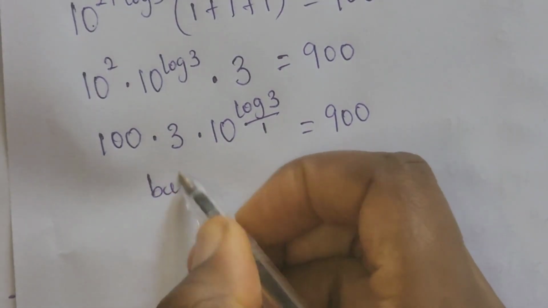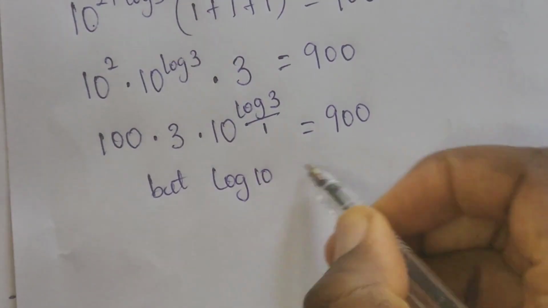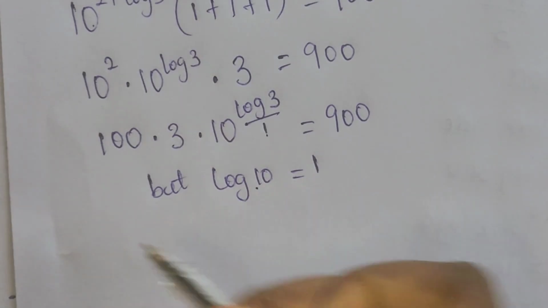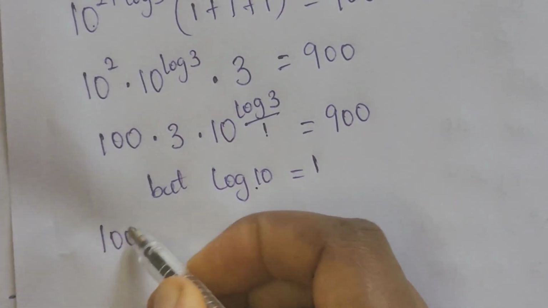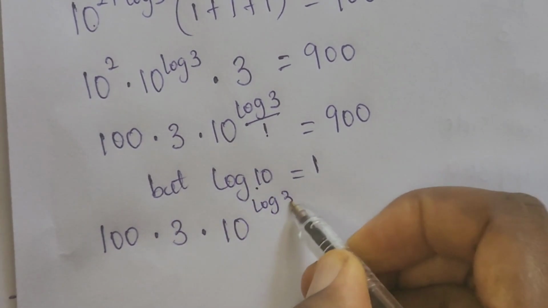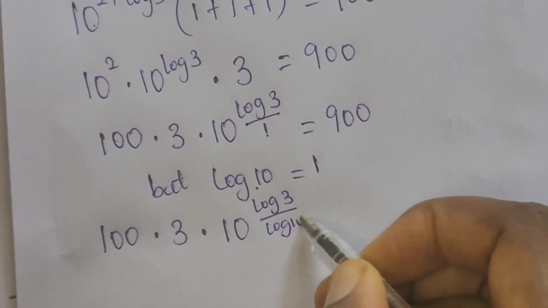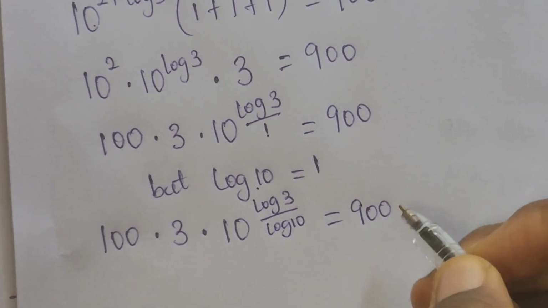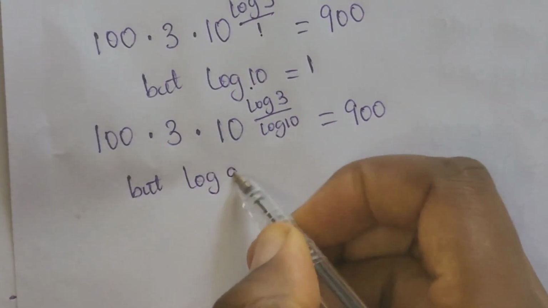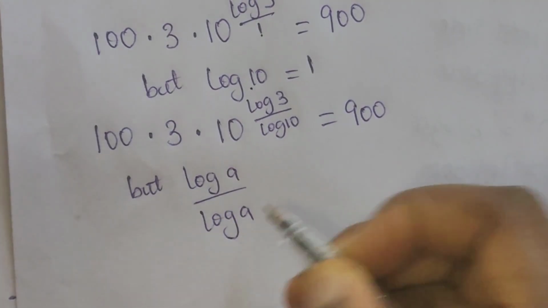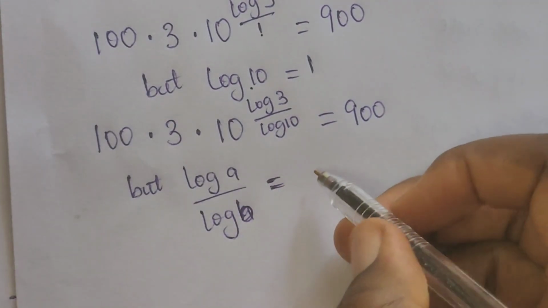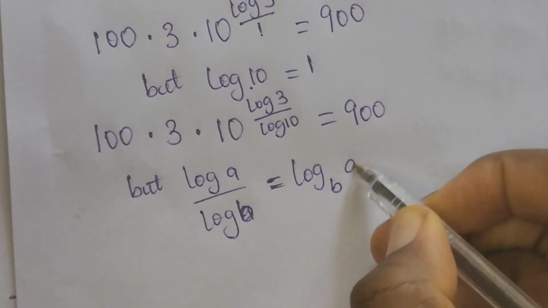But let's recall that the log of 10 is equal to 1. So I'll be replacing this 1 with log of 10. We then have 100 times 3 times 10 to the power of log of 3 over log of 10, all equal to 900. But when we have log of a over log of b, this can be written as log base b of a.